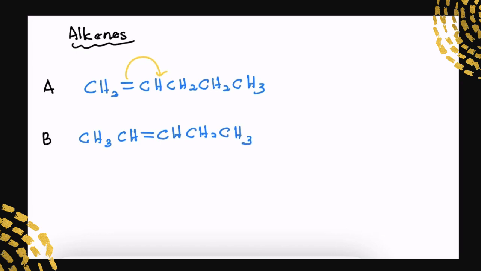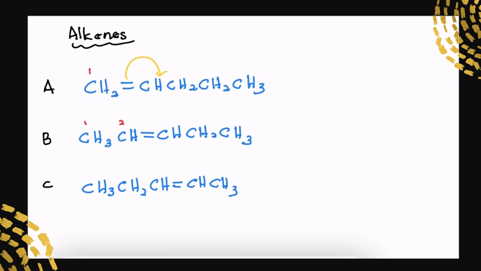The difference is that in A the double bond is at carbon number 1, and in B the double bond is at carbon number 2. Okay, what about C? Can we propose this? CH2 CH double bond CH CH3. Can we propose this?